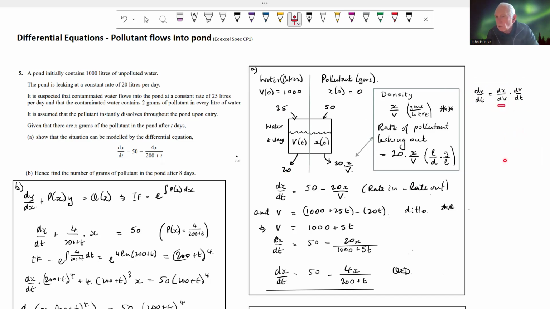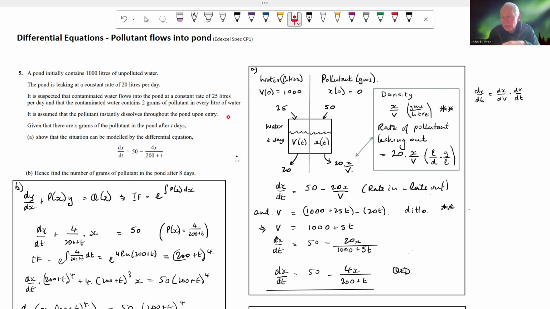But dx/dv is rather more difficult, because the density of the pollutant is changing over time, isn't it? We start off with unpolluted water and then we've got polluted water leaking into it, and then it mixes.